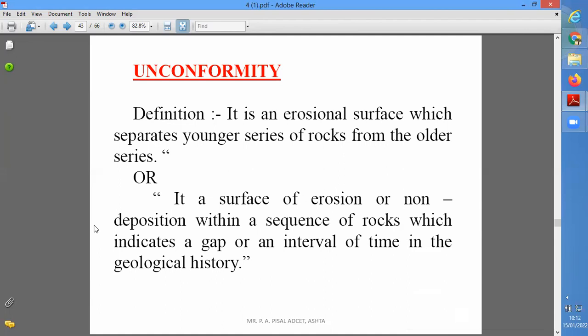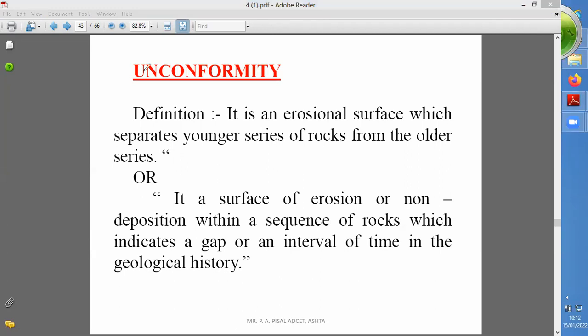Here various words are important: the first one is erosional surface, then younger series, and older series. These three phrases are important here.